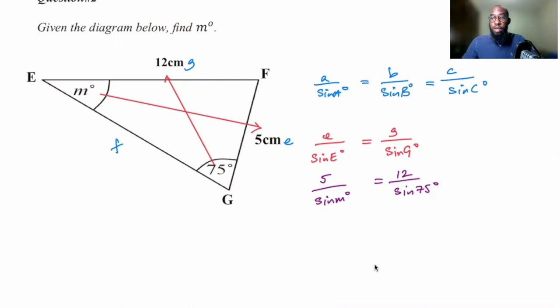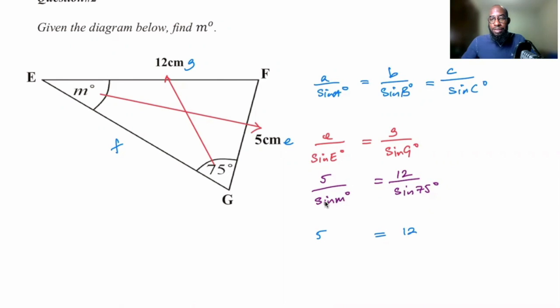Now, we have to get rid of the denominators. To get rid of this denominator here, I multiply both sides by sine m degrees. To get rid of this denominator here, I multiply both sides by sine 75 degrees.